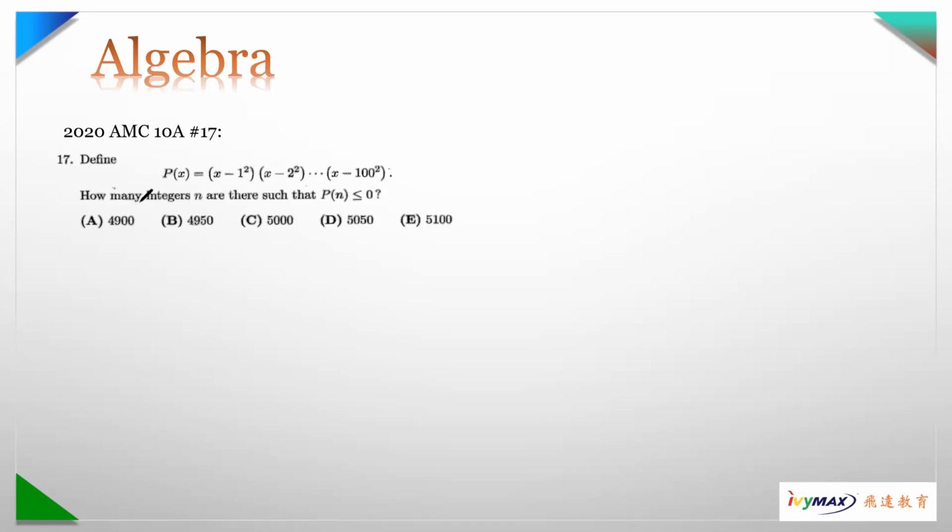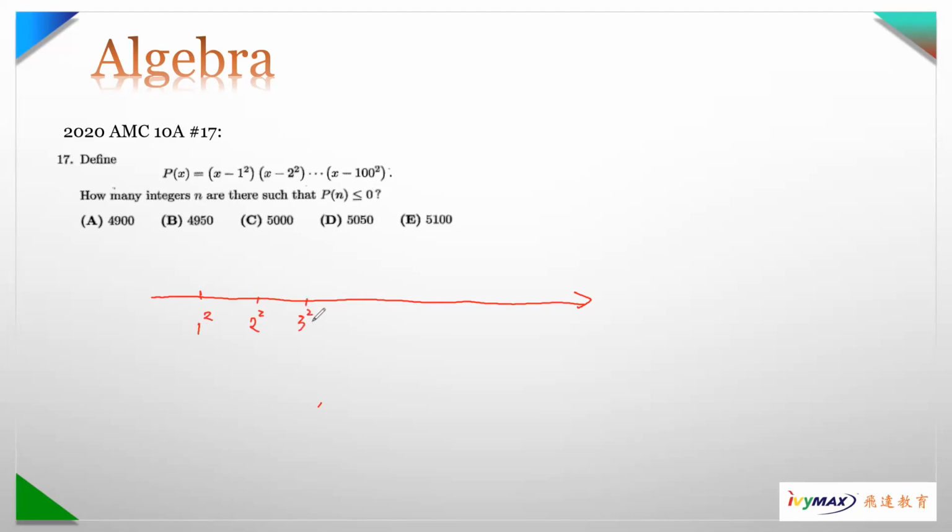They want to know how many integers n there are such that P of n is less than or equal to 0. So this is a polynomial inequality, very standard. Let's list them out. Mark all the roots on the number line, starting from 1 squared, 2 squared, 3 squared.